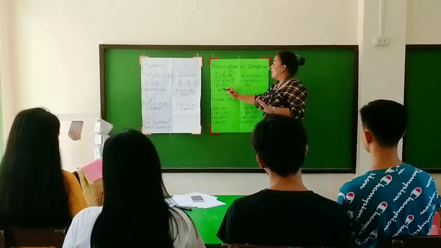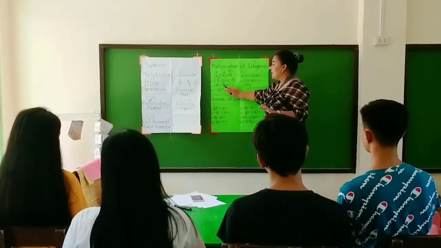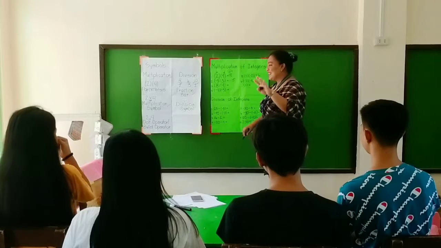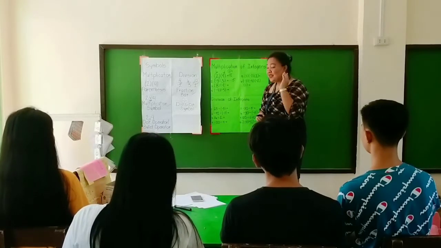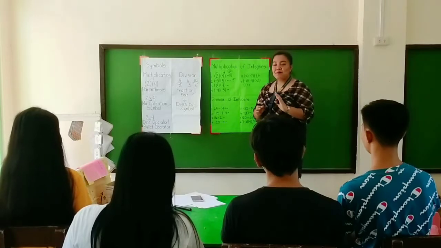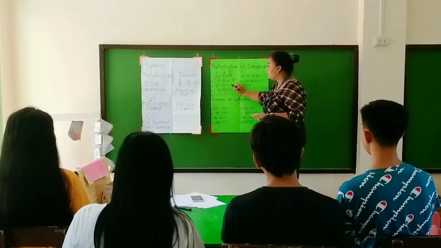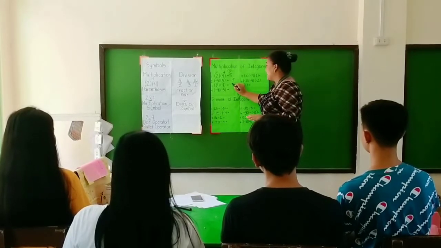Okay, next. Positive 8 times negative 7 equal to... Negative 56.